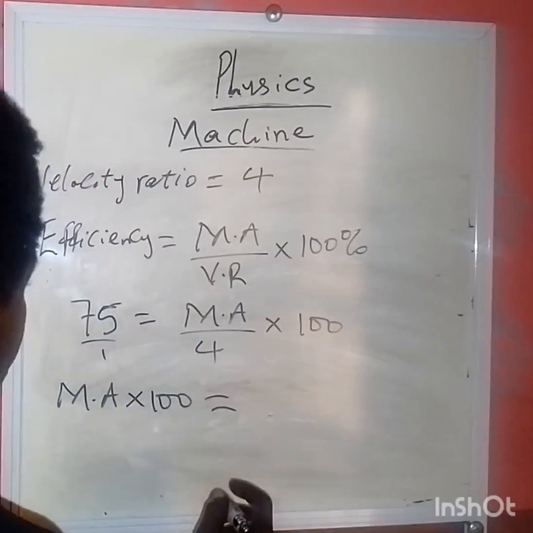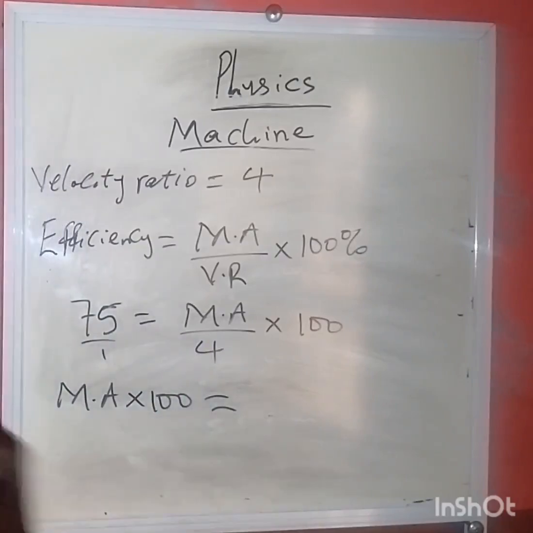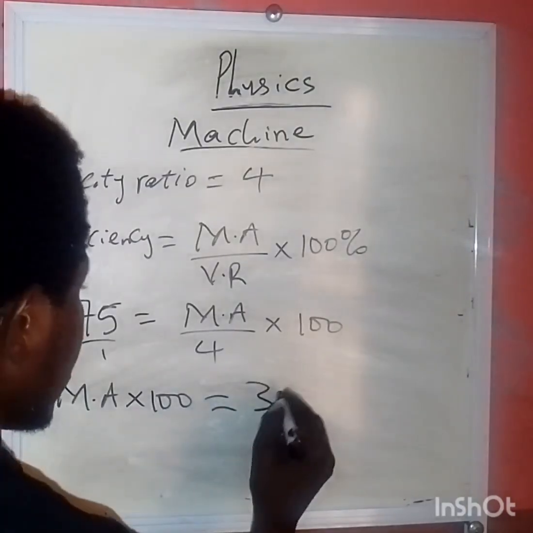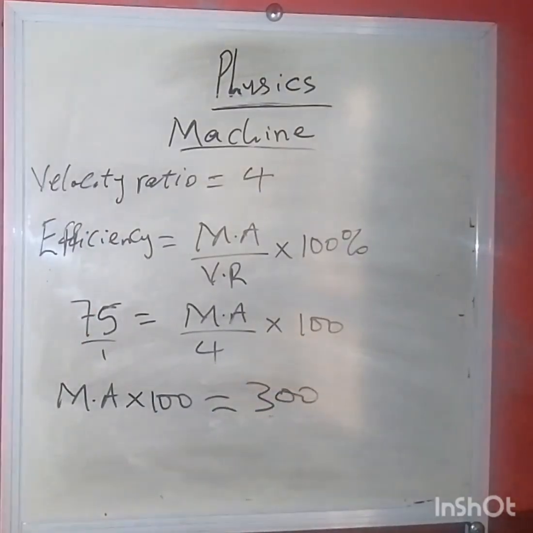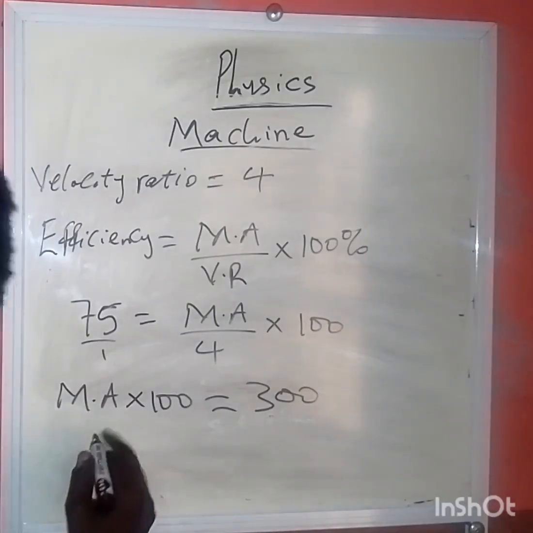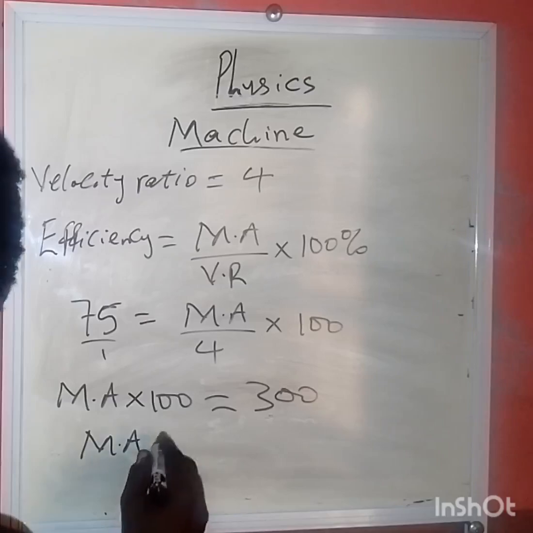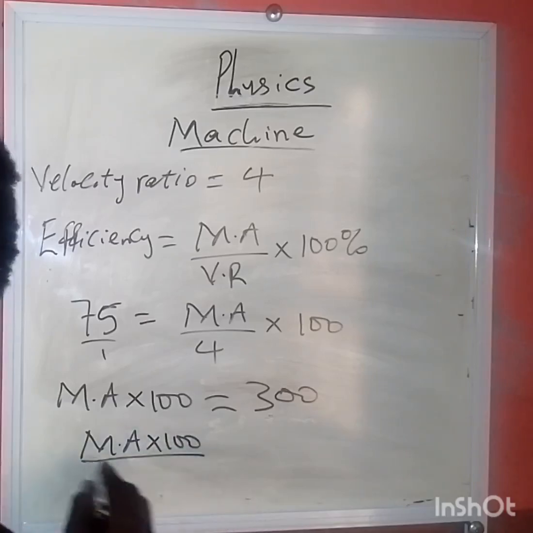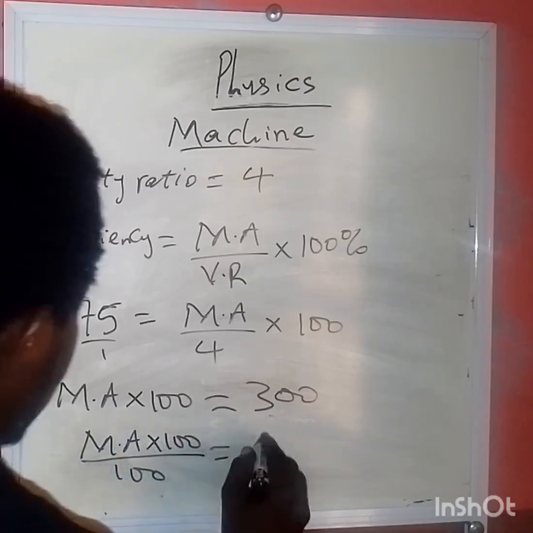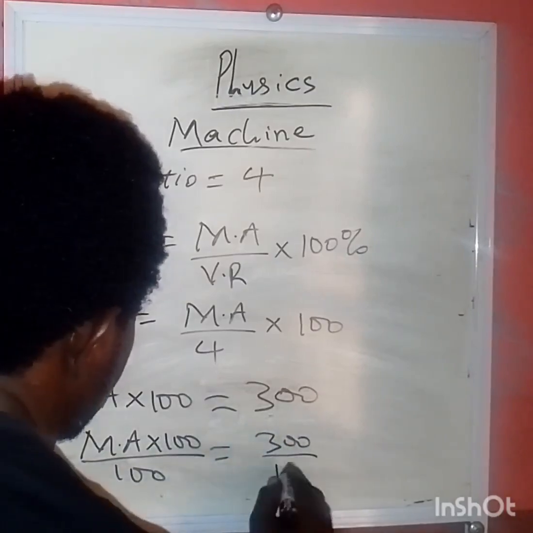75 times 4 will give us 300. So we can now make mechanical advantage the subject of the formula. You just divide through by 100. So you have 300 over 100.